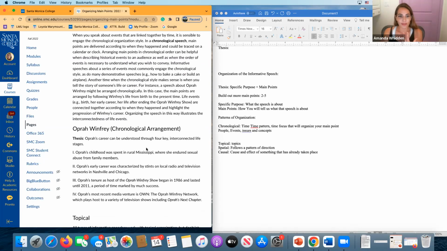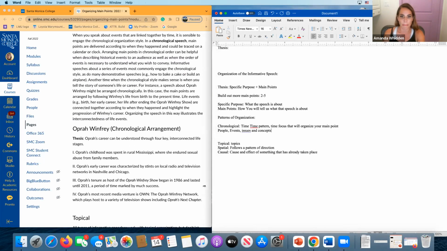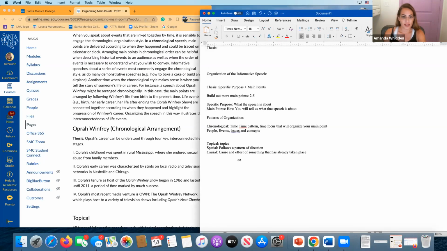Now, how I would write that in a different way. If I'm thinking about how to start to communicate all that together, we could even look at an example of somebody else. What did this example do to narrow down Oprah Winfrey? To talk about the life of Oprah Winfrey is a lot. Just like to talk about the life of Kobe Bryant would be a lot.